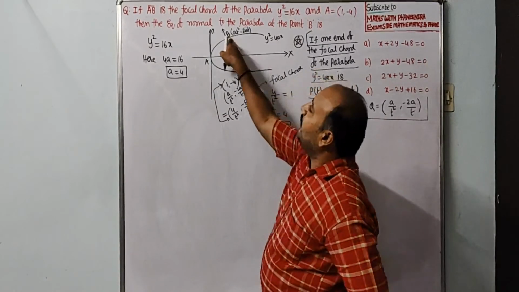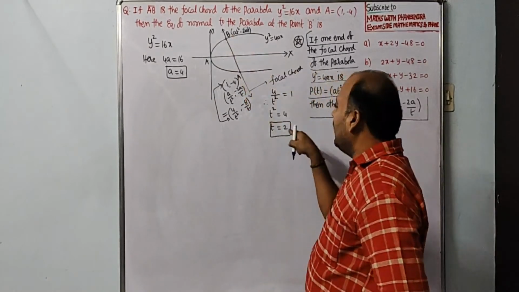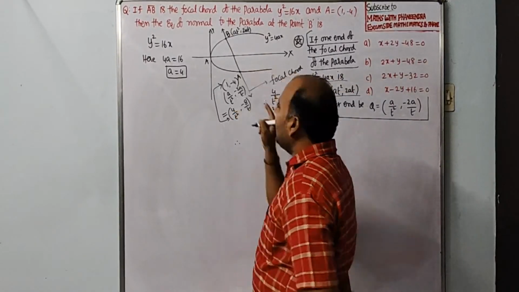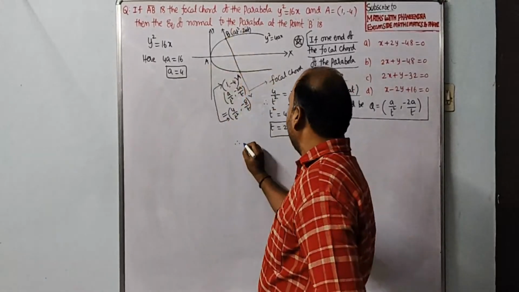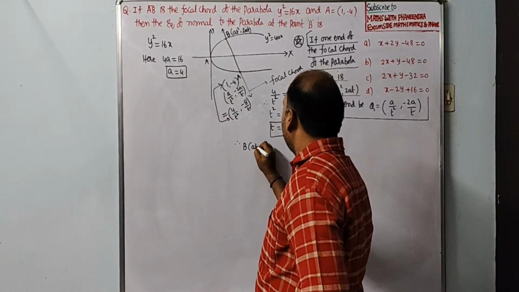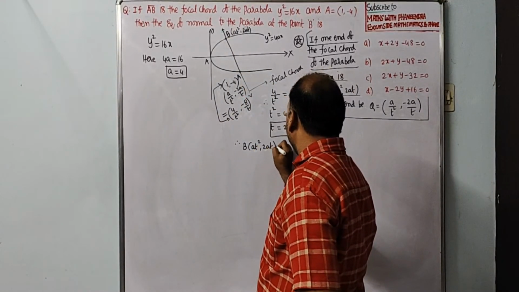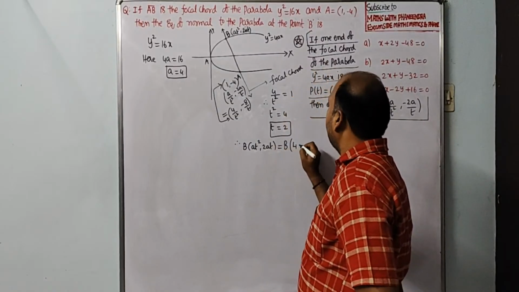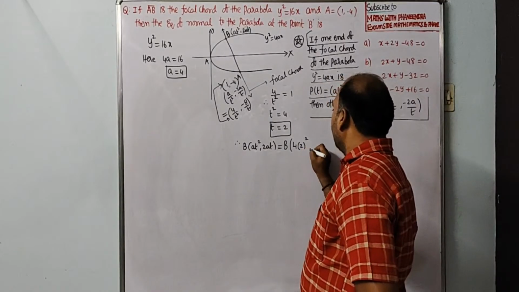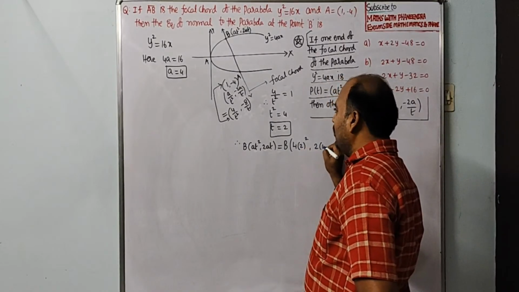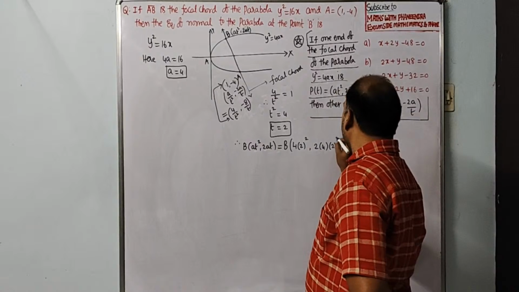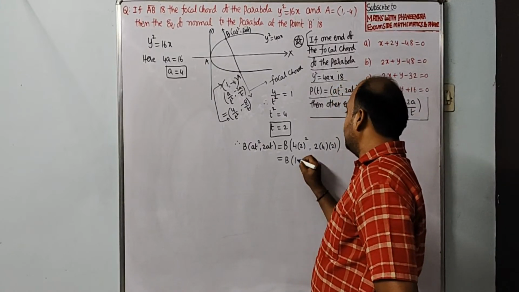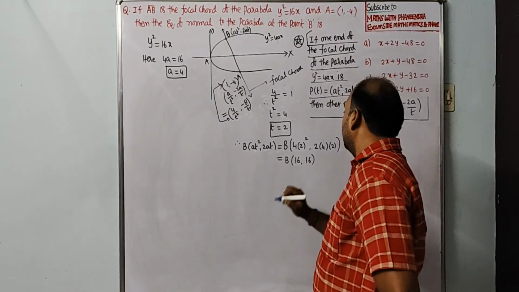Because B belongs to the first quadrant, you require only 2. So whenever the t value and a value are known, we can get the B coordinates. B of at square comma 2at, so B of a value 4, t value 2 square comma 2 into a value 4, t value 2. So B is 4 into 4, 16, comma 16.